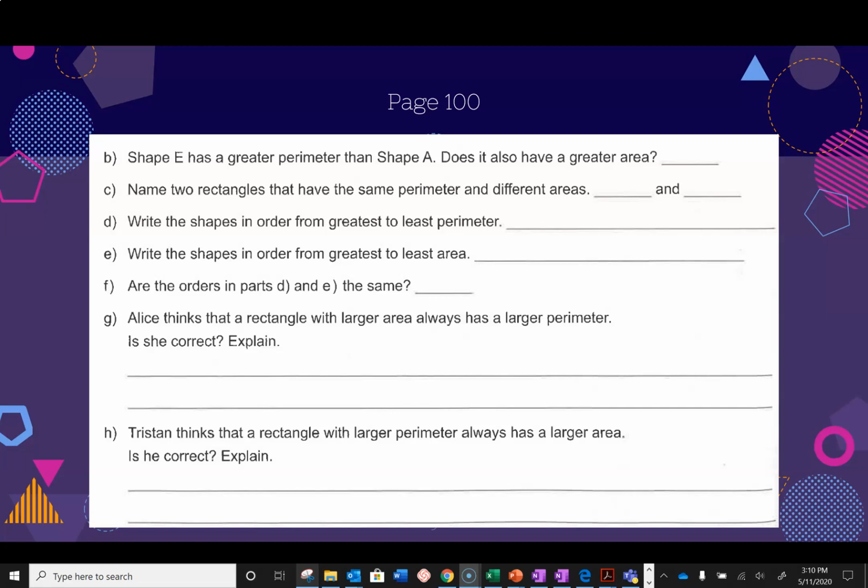G, Alice thinks that a rectangle with larger area always has a larger perimeter. Is she correct? Explain. H, Tristan thinks that a rectangle with larger perimeter always has a larger area. Is he correct? Explain.